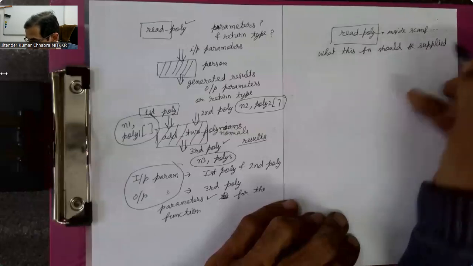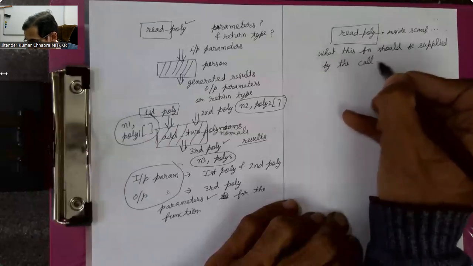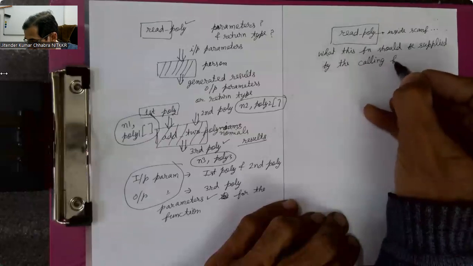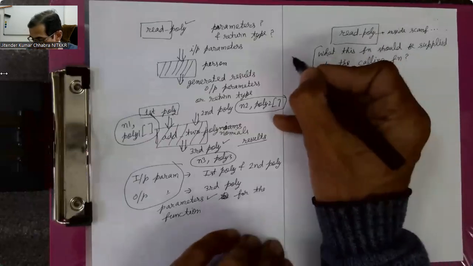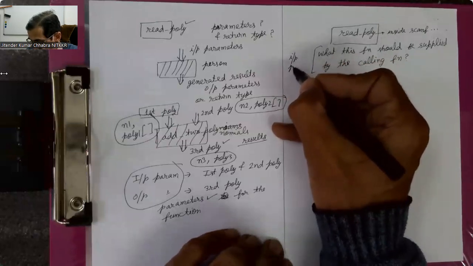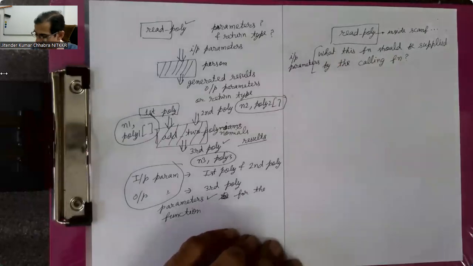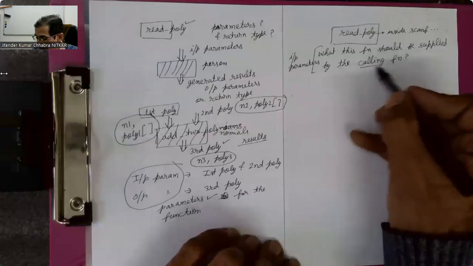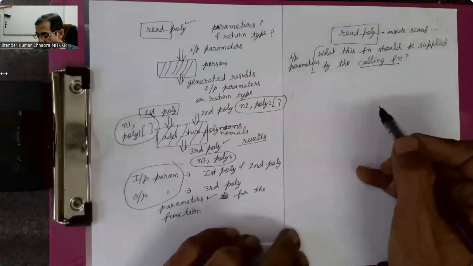If there is something which this function needs from the calling function, that will become input parameters. In this case, I can easily see that I will ask the user via scanf how many terms there are, and what the exponents and coefficients are. It means the calling function need not supply anything. I will do everything inside read poly.